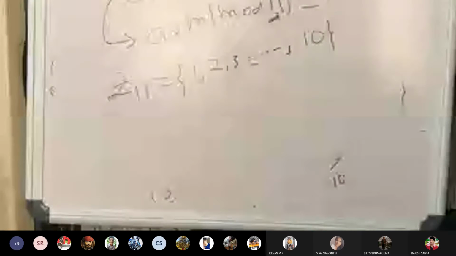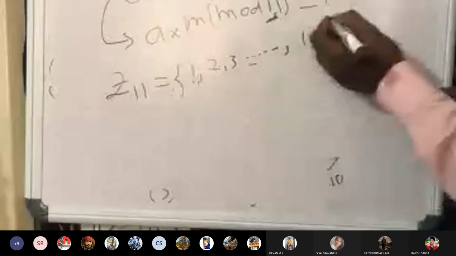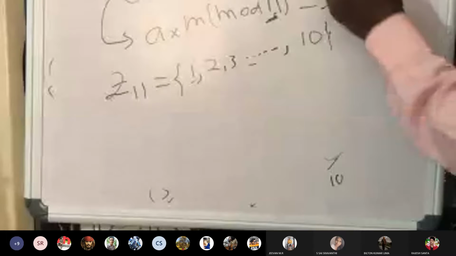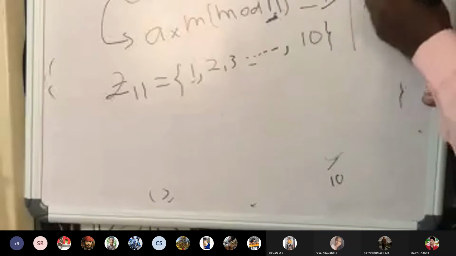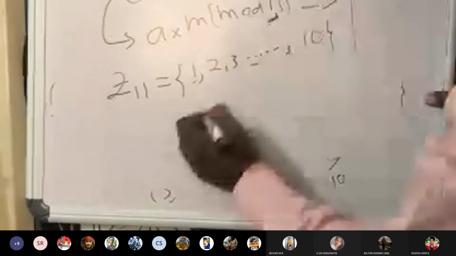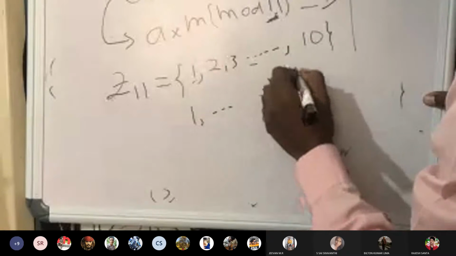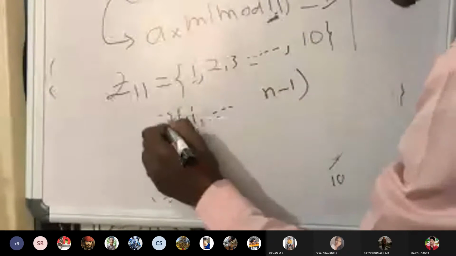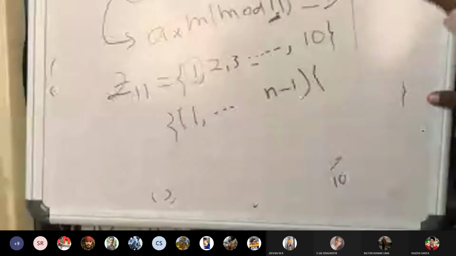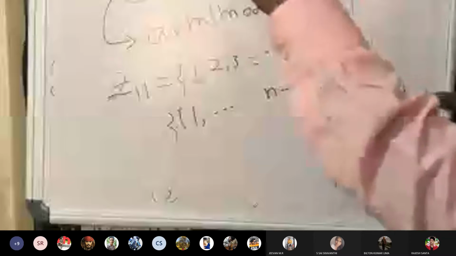Here we start from 1 because the residue is equal to 1. In the additive, if you remember, we start from 0 till n minus 1. But here we start from 1 till n minus 1. Why? Because we want the remainder, and the least number is 1. The least is 1.